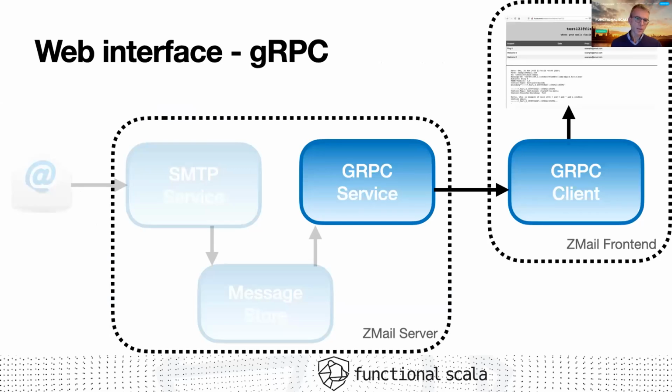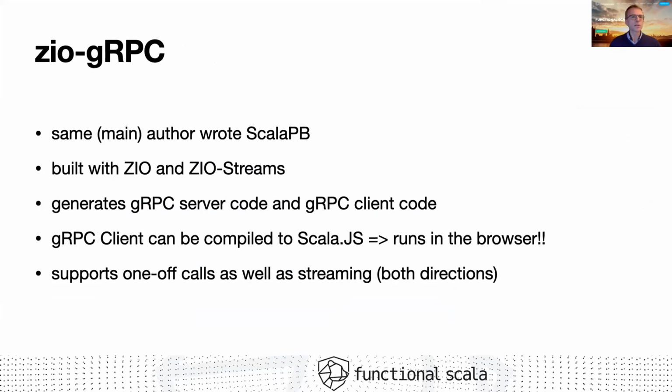Now, it turns out there's another option, and it's called gRPC. So the order of the slides is wrong here. Okay, yeah, so ZIO gRPC is a library that is fully inside the ZIO ecosystem. The main author who wrote it is the same guy who also did the protobuf implementation for Scala.